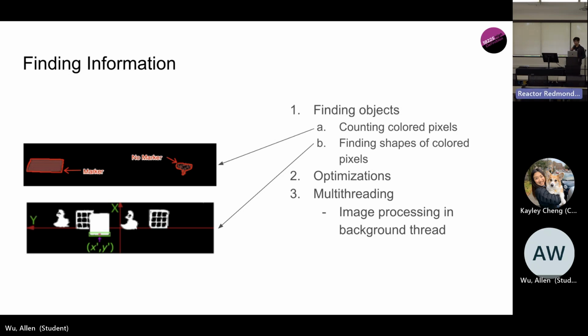And the second one is to find shapes of colored pixels. Counting colored pixels is relatively simpler, because all you have to do is count the number of ones within a certain range. Finding shapes is a little bit more complicated, but essentially it's the same algorithm in the end, because it's still a brute force algorithm.